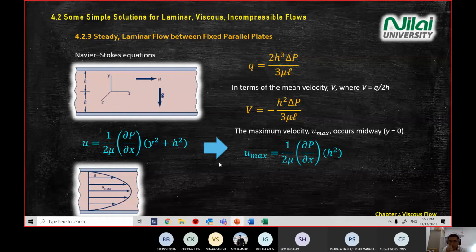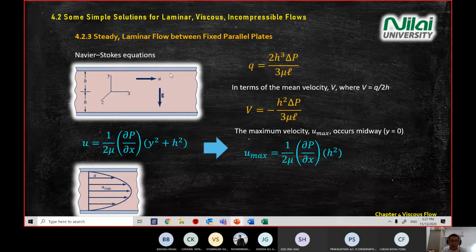This statement allows us to further simplify our velocity profile equation, because at the center, y equals 0, we can further reduce. Our equation becomes the equation for the Umax for the fixed parallel plates. This is not cylindrical, this is parallel plates.